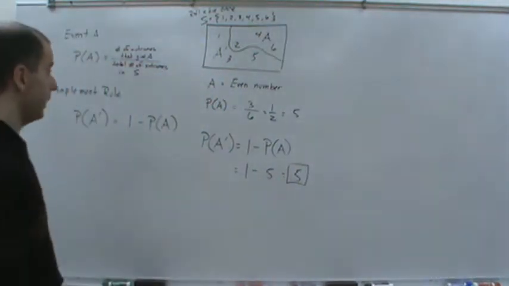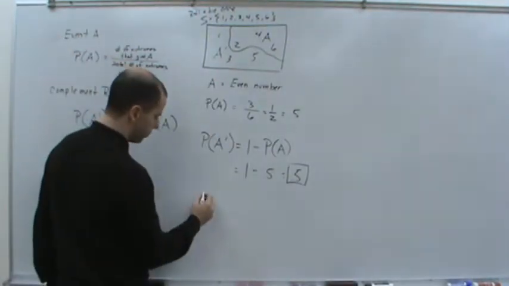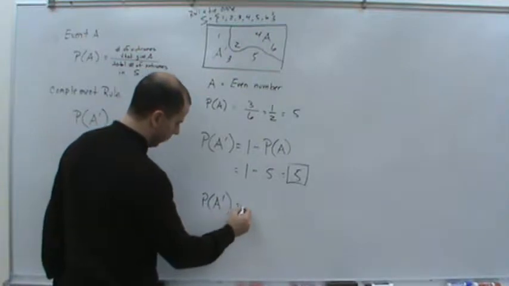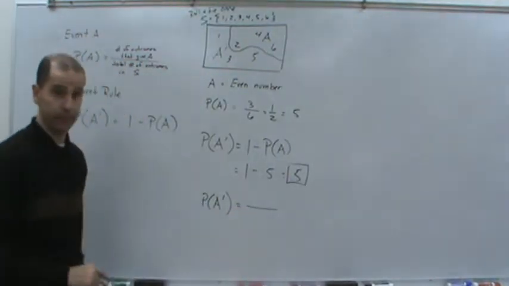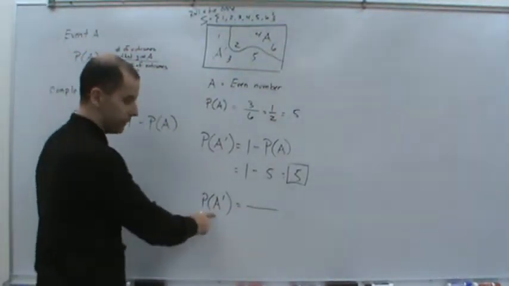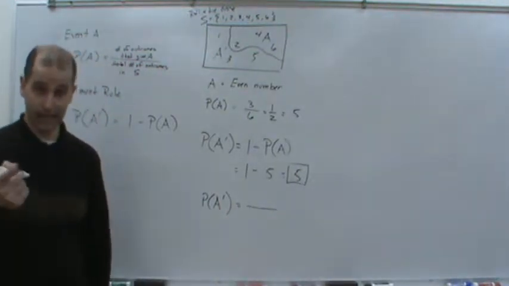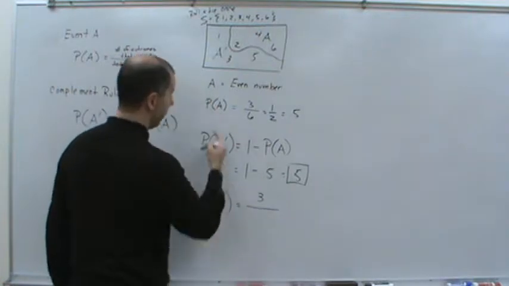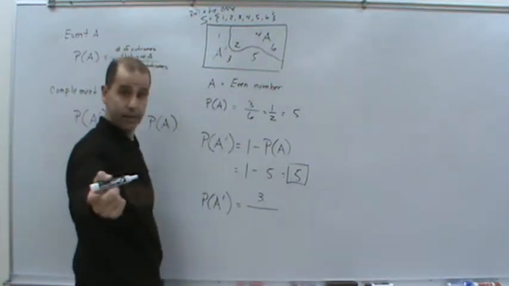Okay? But here, if we look at it, we could do it directly. What's the probability of the complement, A prime? Well, use the definition of probability. How many outcomes give me an odd number, right? That's the complement. Well, there's 3. So it'd be 3 out of what? 6.